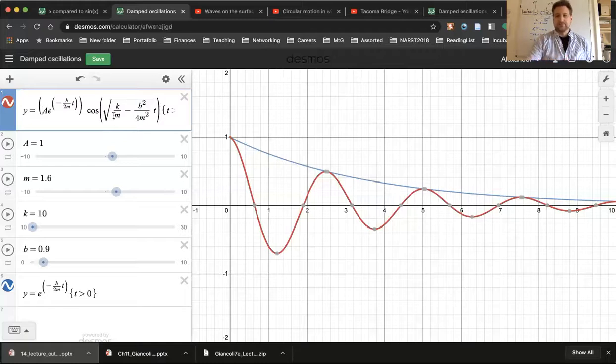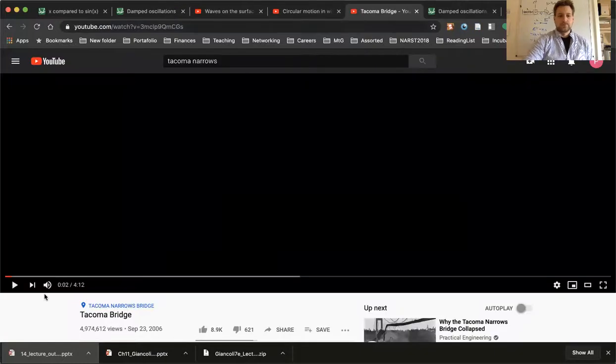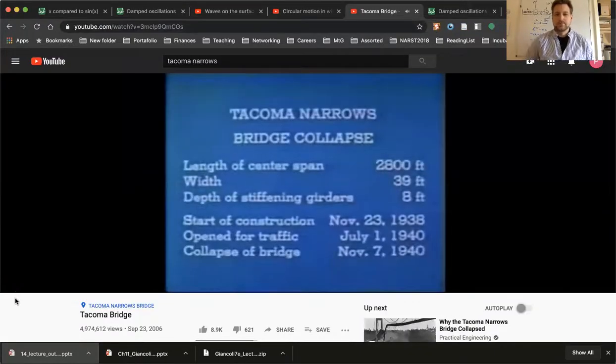Maybe an example would help. As you can see, this bridge was exceptionally long and narrow, over half a mile long, only 39 feet wide. It lasted just 4 months.